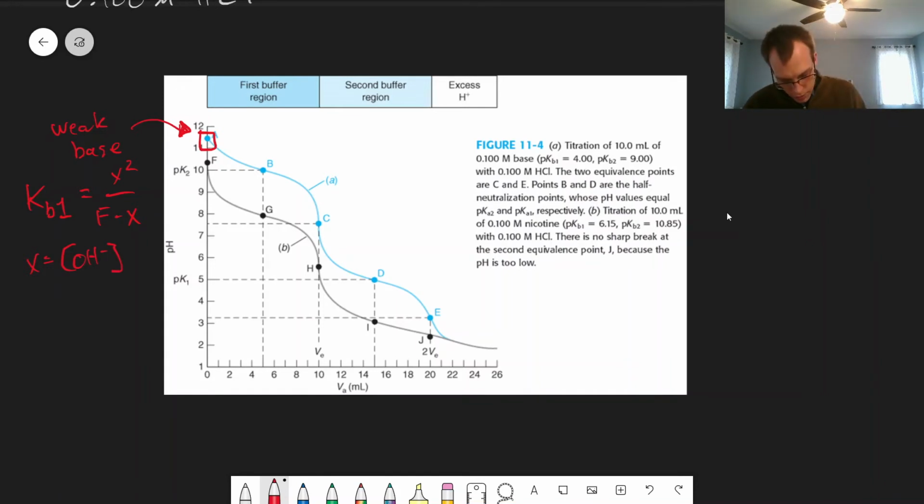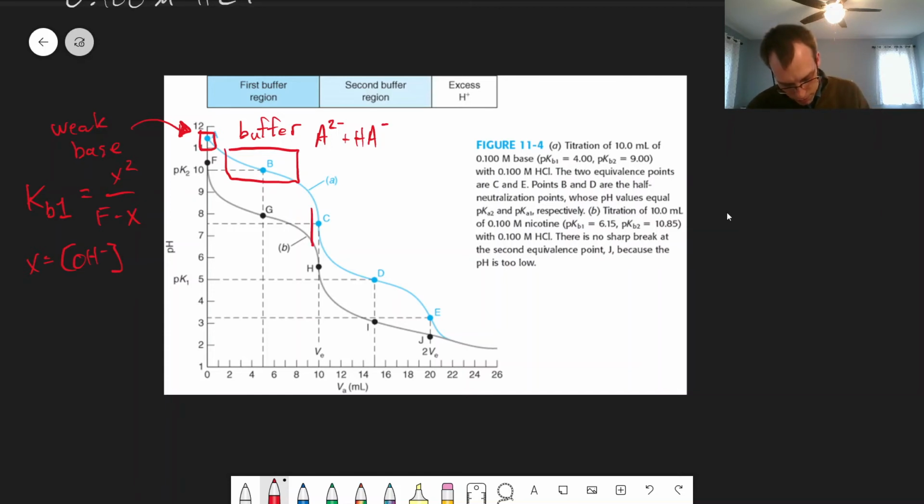Then in between the beginning point and the first equivalence point, we have a buffer, because we're going to have A2 minus plus HA minus. So the fully deprotonated form and the singly deprotonated form will both be present, and that's going to form a buffer.